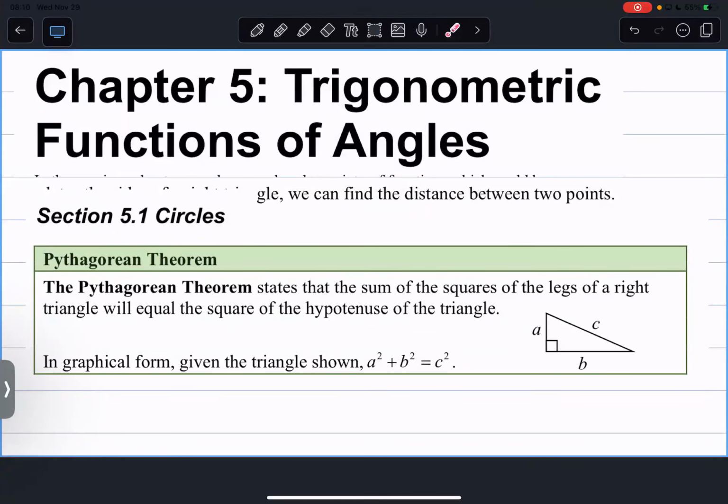So the Pythagorean theorem states that the sum of the squares of the legs of a right triangle, so a right triangle is one with 90 degrees here, just as a little refresher. So this is 90 degrees, and so it's a right triangle.